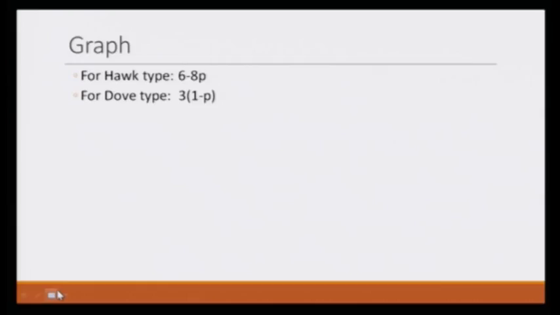Now let us see, I have already written for hawk type 6 minus 8p, and for the dove type 3 multiplied by 1 minus p, and p varies between 0 to 1. So let us draw the graph of how the payoff of a hawk type would change based on the proportion of hawks in the whole population. It is going to start from 6 when p is equal to 0, because 8 multiplied by 0 would be 0, and 6 minus 0 would be 6.